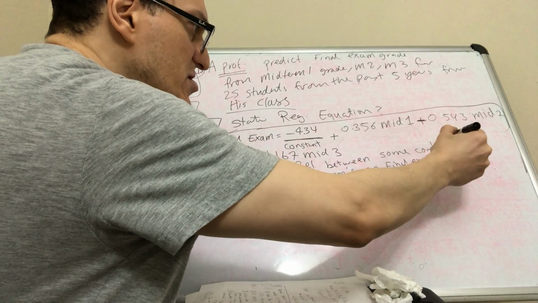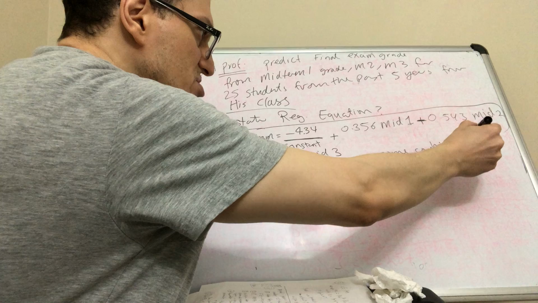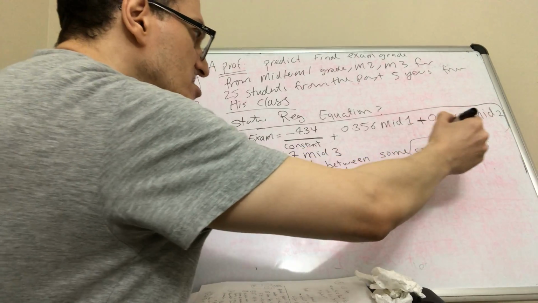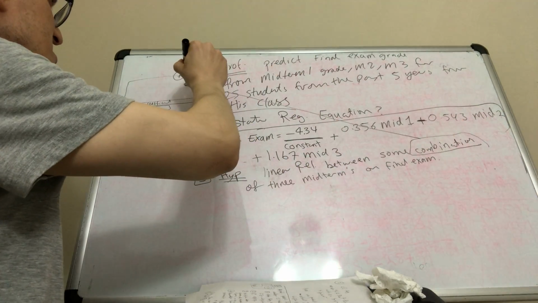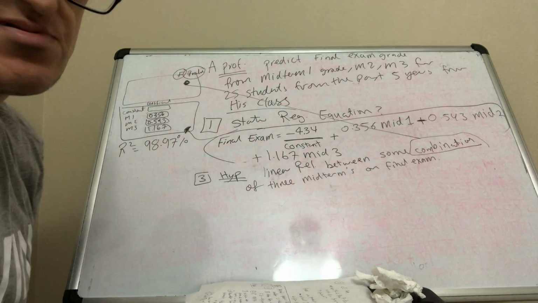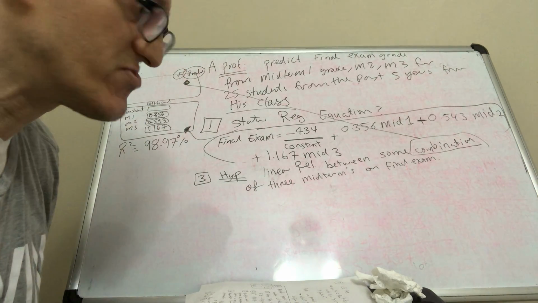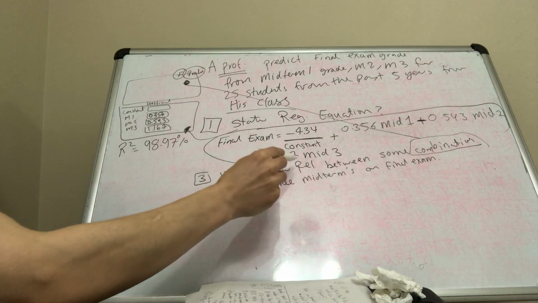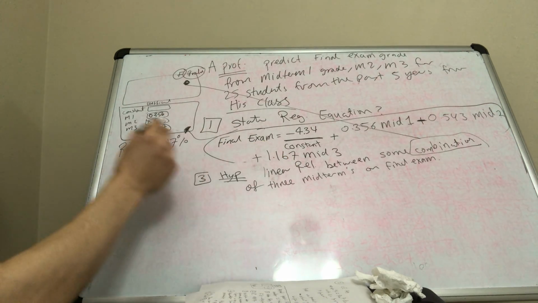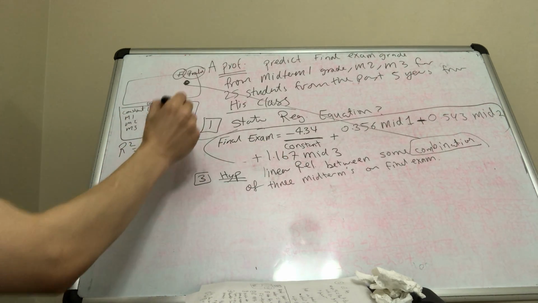When they ask for the combination, you actually look at the F table in multiple regression. But if they say, is there a relationship for mid 1, you look here.